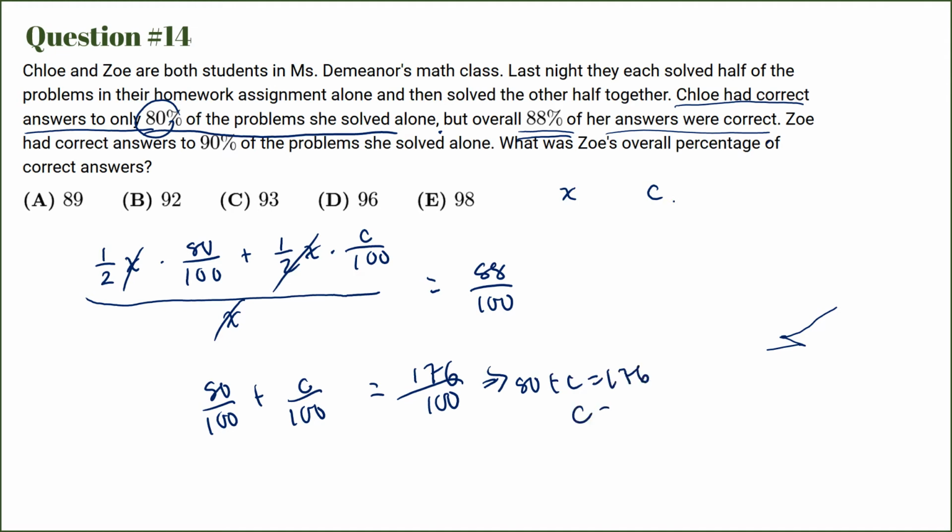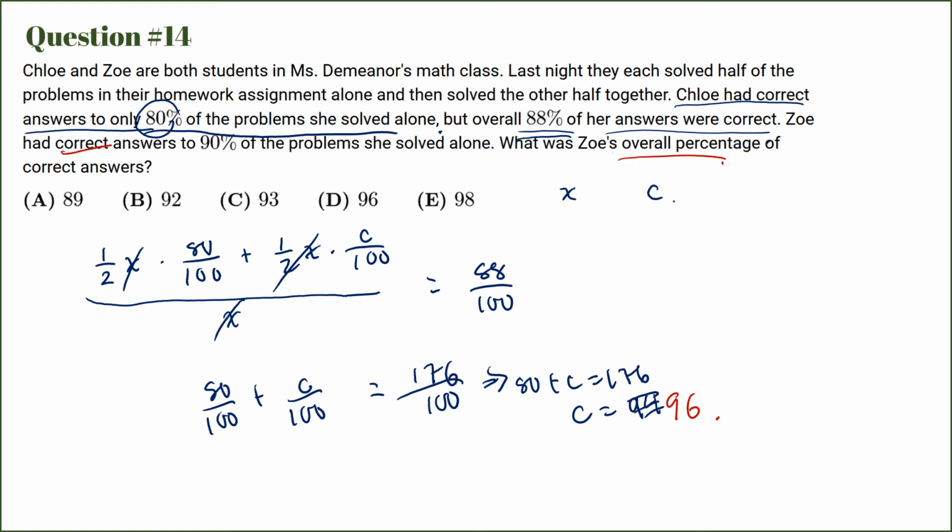So C equals 94. No, wait, sorry. It would equal 96. So the percentage of questions that they got correct together is 96. Now let's solve for Zoe's overall percentage.